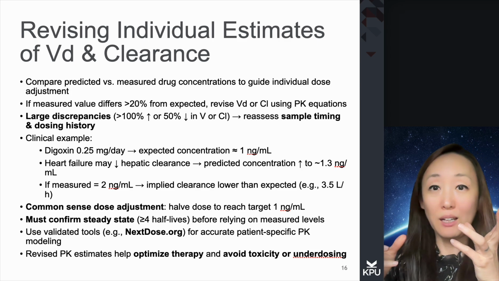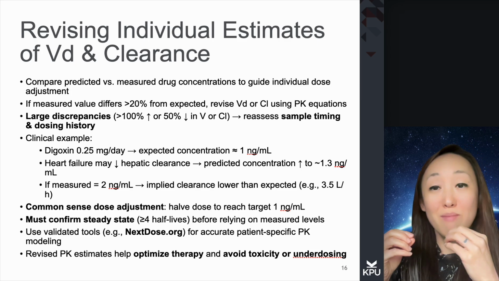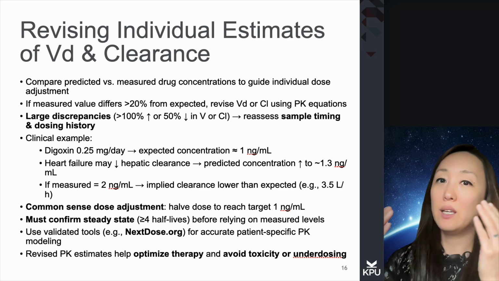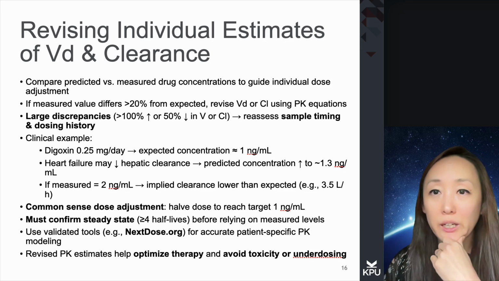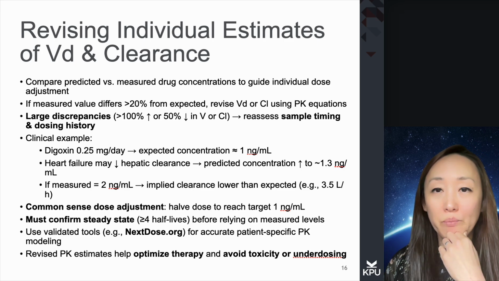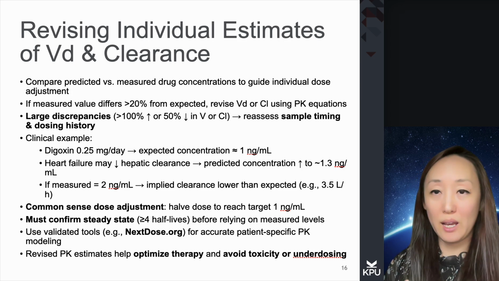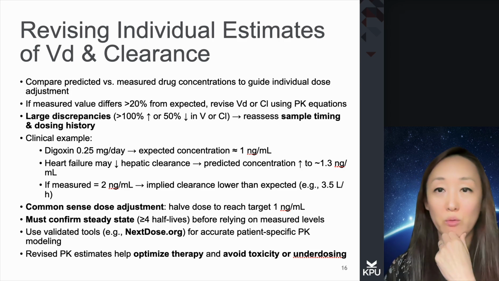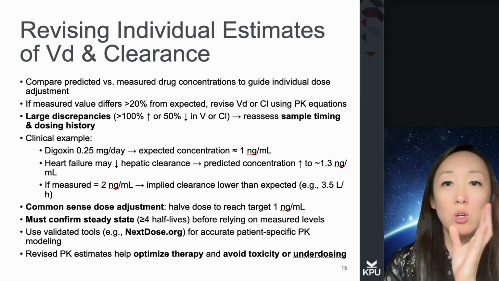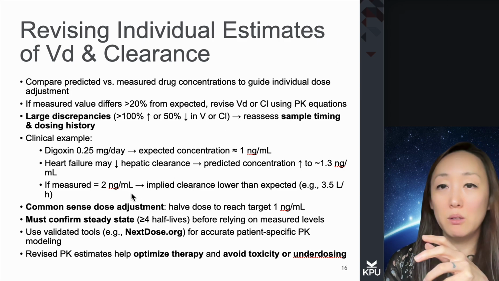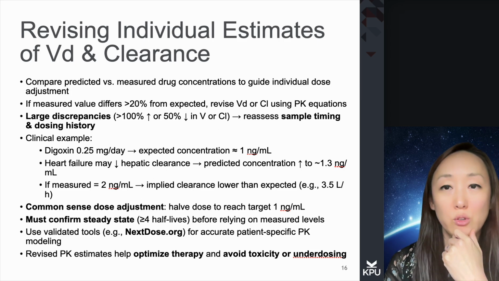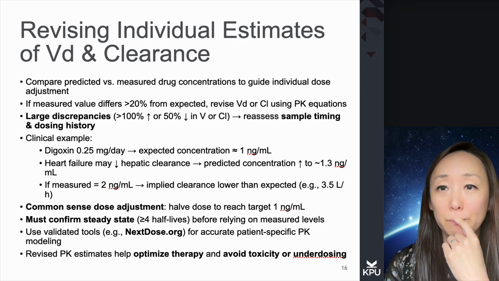That's what you expected. But if what you measured is 2, then it gets you to think, wow, the clearance must be even lower than what I had expected, maybe 3.5, which would get us to 2 nanograms per mil of the drug still kicking around in your system and not getting eliminated.